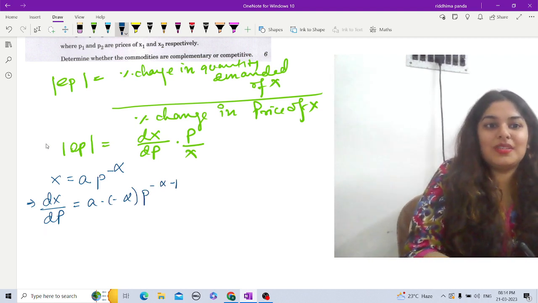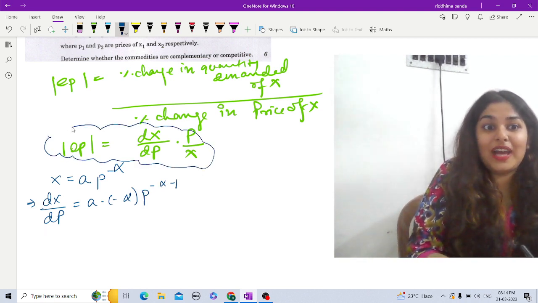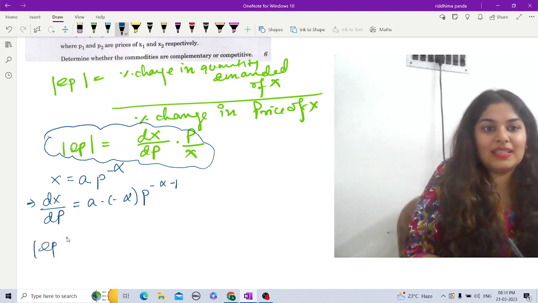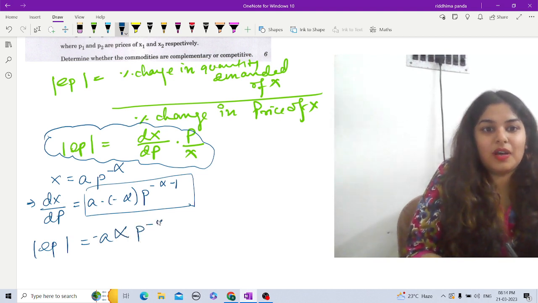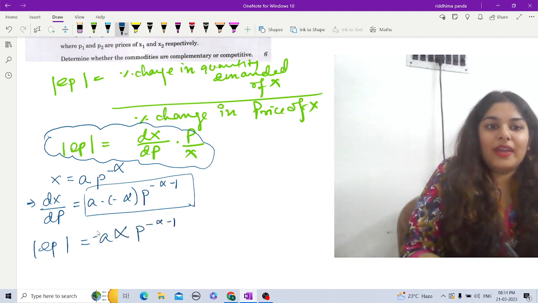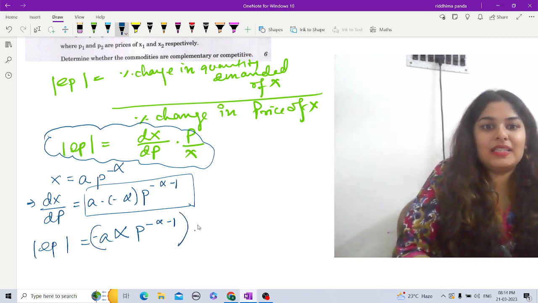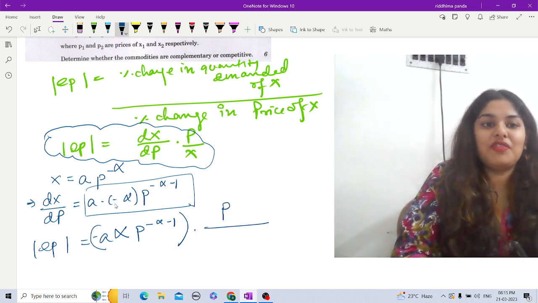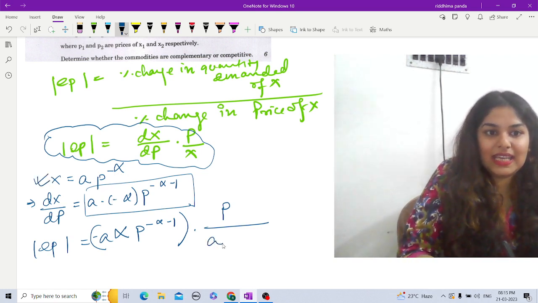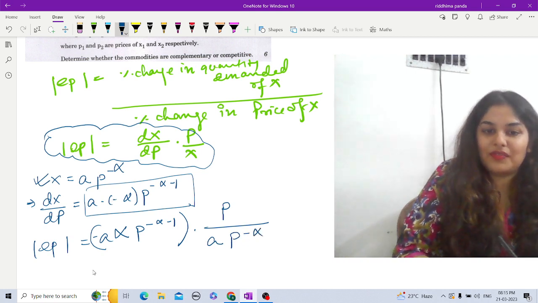Now let's use the formula. EP is equal to dx by dp, which is minus a into alpha into p to the power minus alpha minus 1, into p by x. Let p be as it is, and in place of x we write the value from the demand function, that is a p to the power minus alpha.